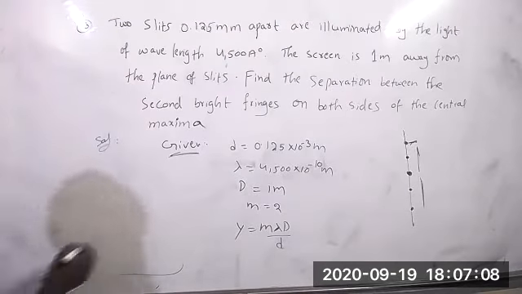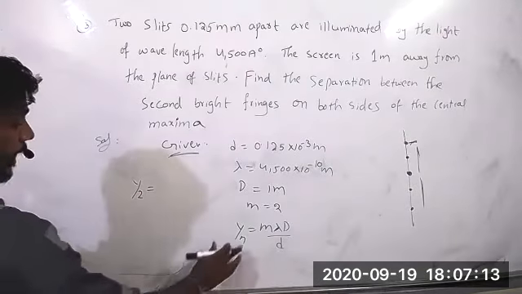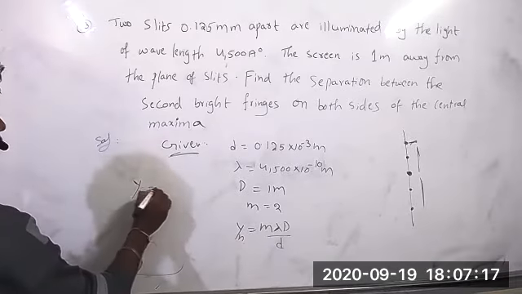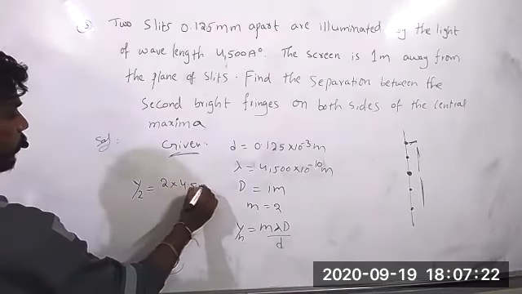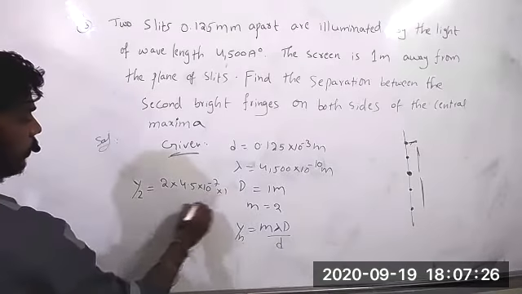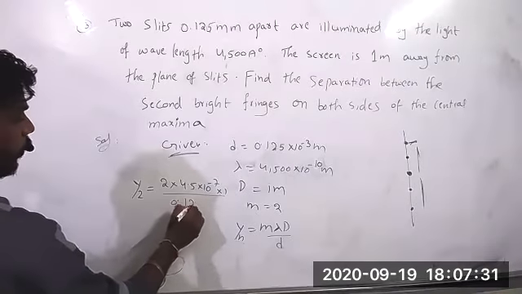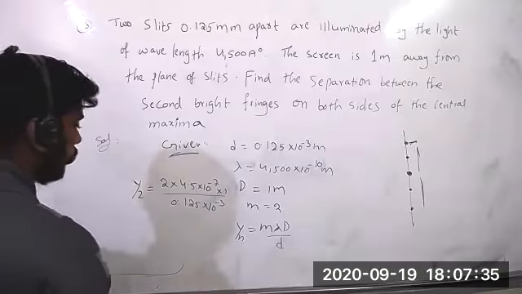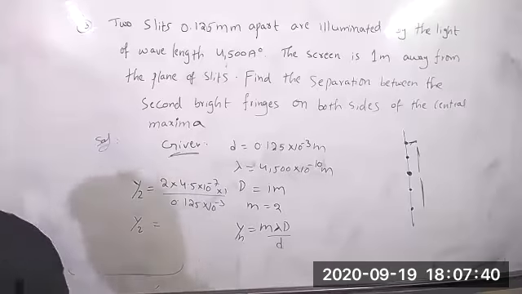So y2 equal to 2 into lambda, which is 4.5 into 10 to the power of minus 7, into 1 by small d, which is 0.125 into 10 to the power of minus 3. See how much you are getting.